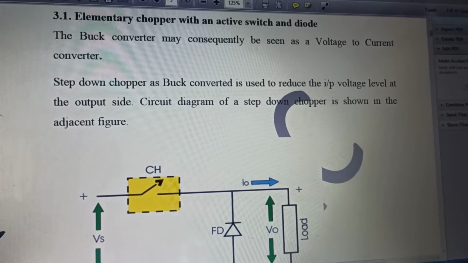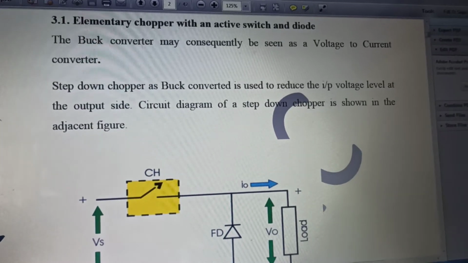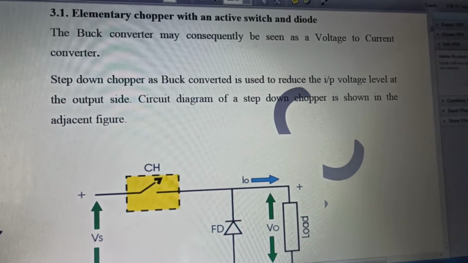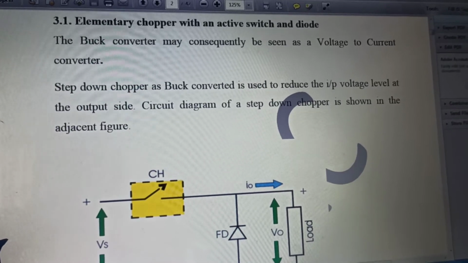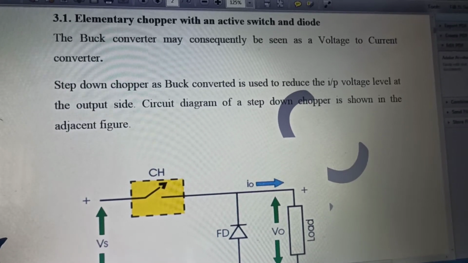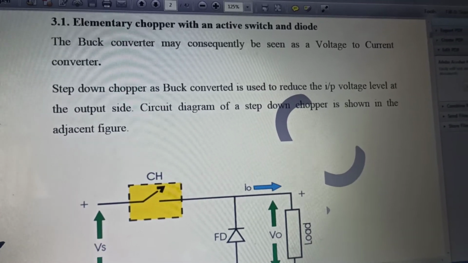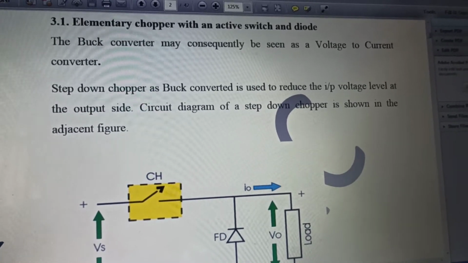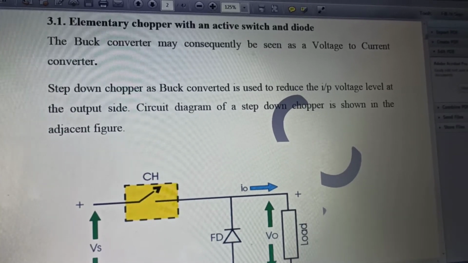For the remaining 4 seconds, obviously it will drop to 0 because the switch is disconnected. So the net voltage that we get at the load terminal is 100 into 0.6, that is 60 volts. In this way the step down of voltage will take place. I think it is quite clear.